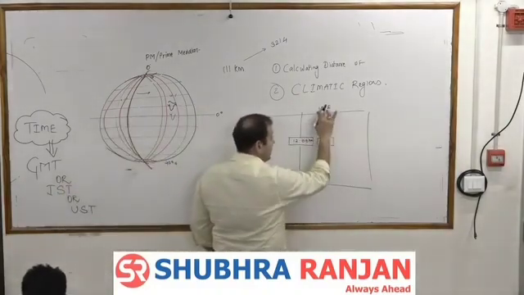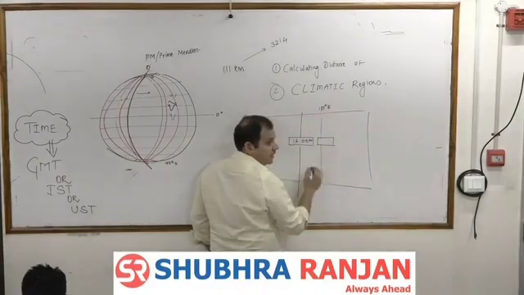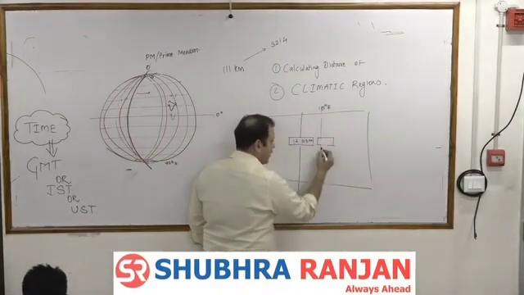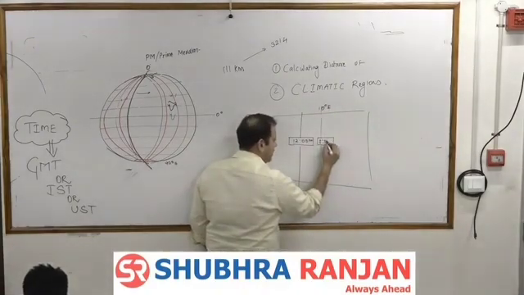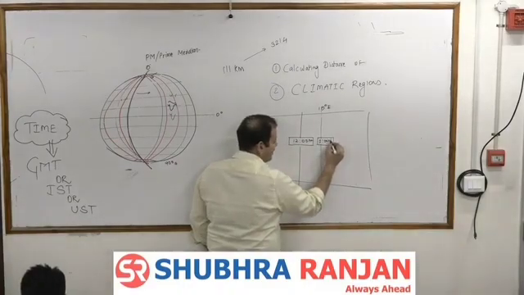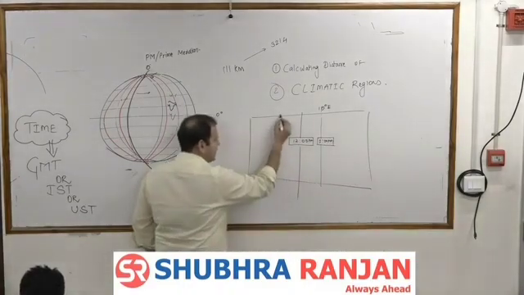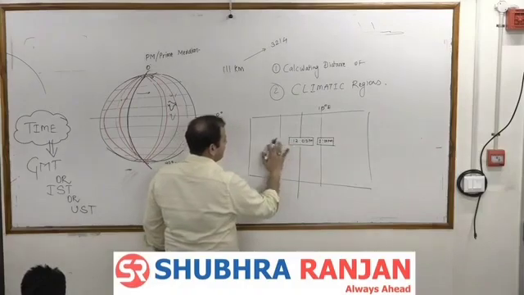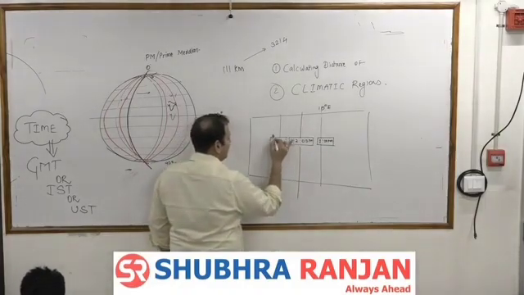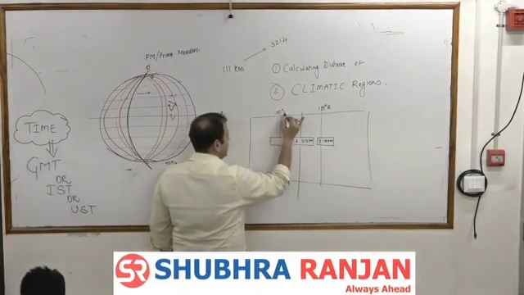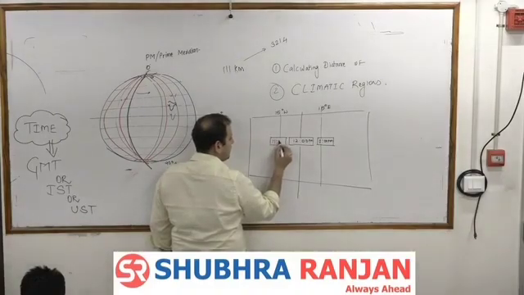What will be the time exactly at 15 degree east? Advance your time by 1 hour. So here, 1 AM or PM? PM. And what will be the time here at 15 degree west? It will be 11 AM.